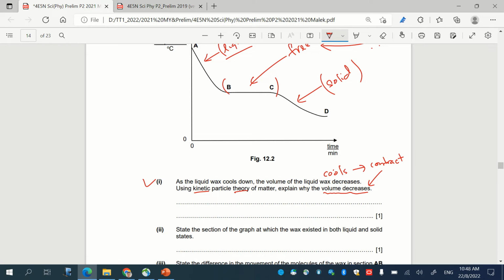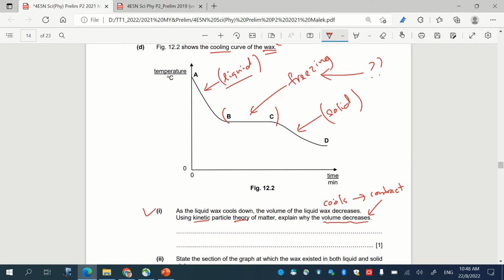So molecular structure, we take a look when something cools down from a high temperature to a lower temperature, let's say 80 degrees Celsius to 50 degrees Celsius.